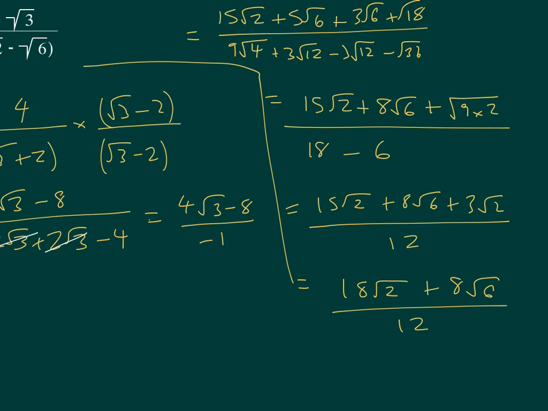And lastly we can simplify, because this 12 will cancel with both of those. We can divide it all by 2, which is going to give us 9 root 2 plus 4 root 6 over 6.